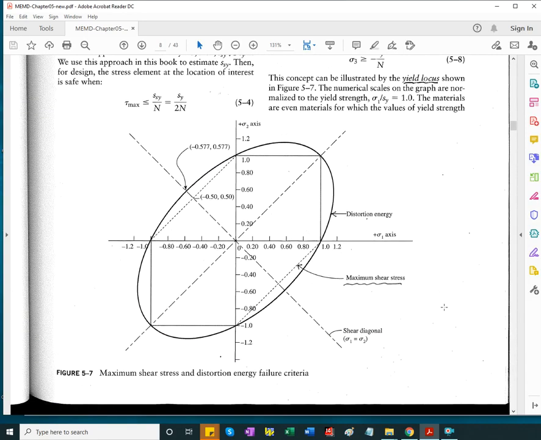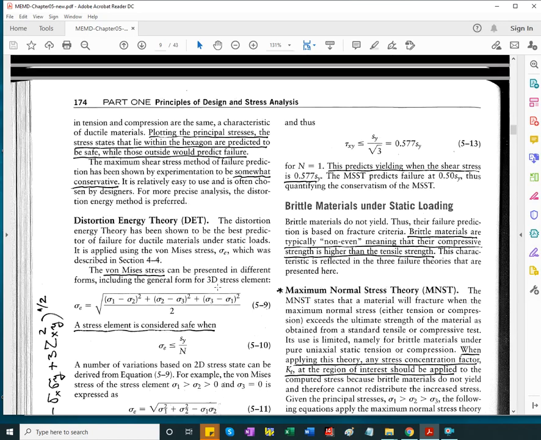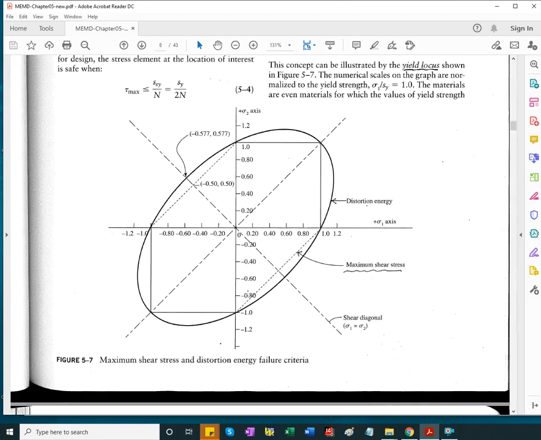The other failure theory, the distortion energy theory: there we looked at an equivalent stress calculated with this equation, called the von Mises stress, and if the equivalent stress is less than or equal to the yield strength divided by the design factor, the design is considered safe.